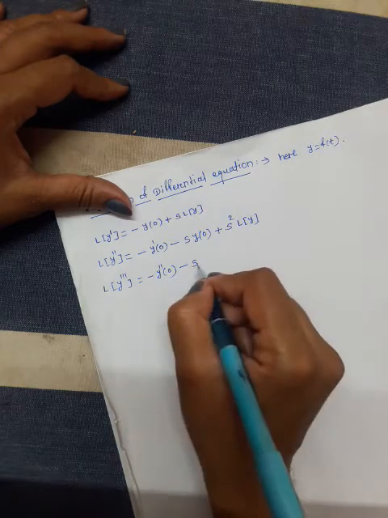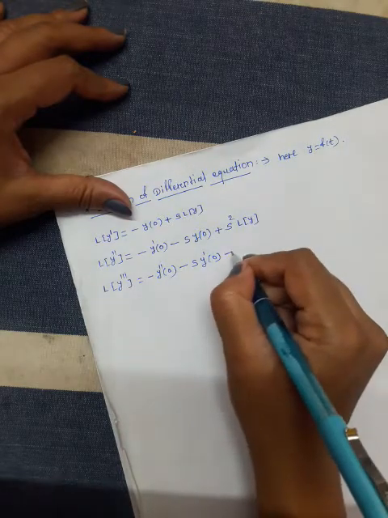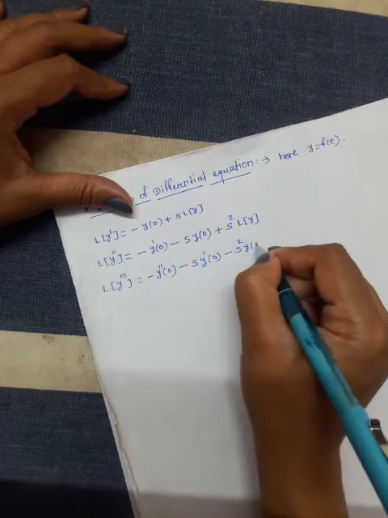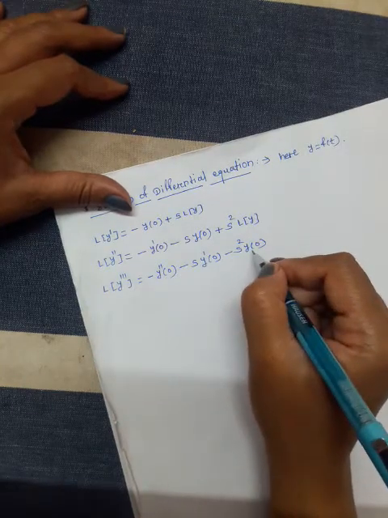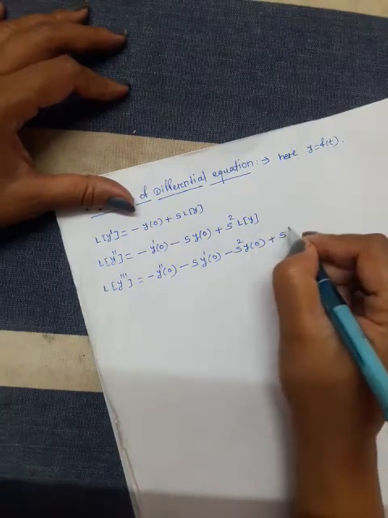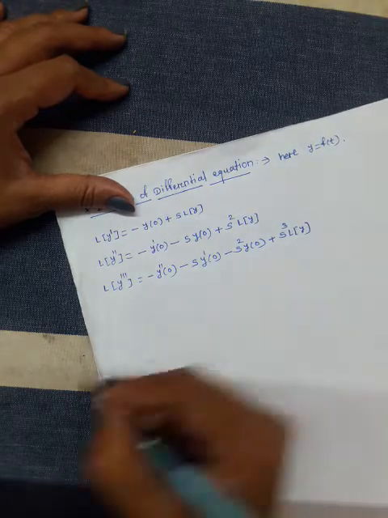Here s power is 0, then y dash 0. Next term minus s square y of 0. Once we get y of 0, the next term will be plus, the last term will be plus, s power increases to s cube, and the last term contains L of y.